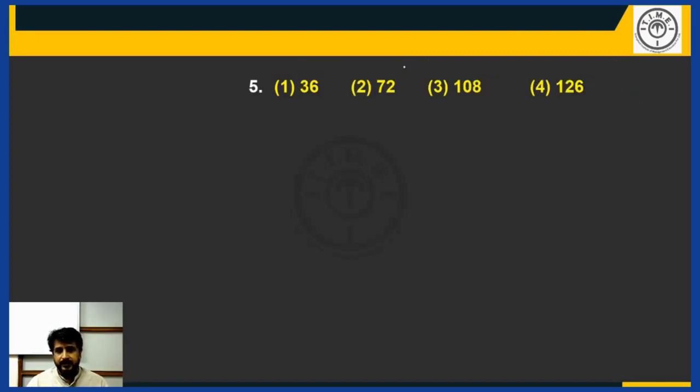Question number 5. 36, 72, 108, 126. Definitely these numbers are not any squares or cubes. Even the even number, odd number logic does not apply, because all are even numbers. If I observe the numbers 36, 72, 108, you can say that 12 3s are 36, 12 6s are 72, 12 9s are 108.